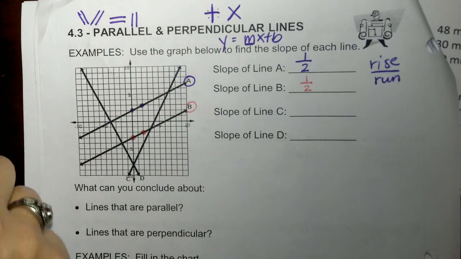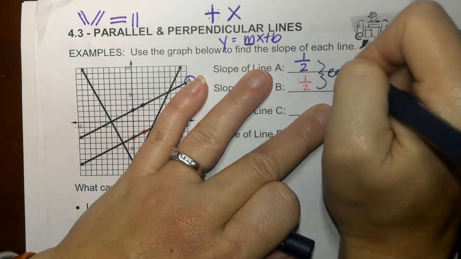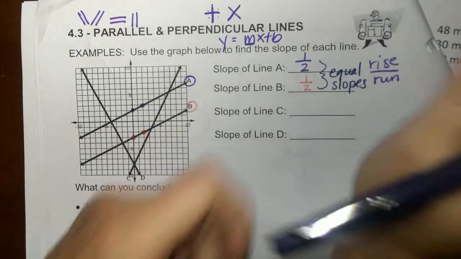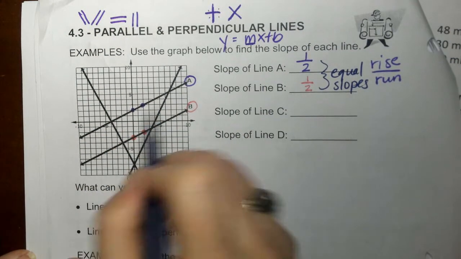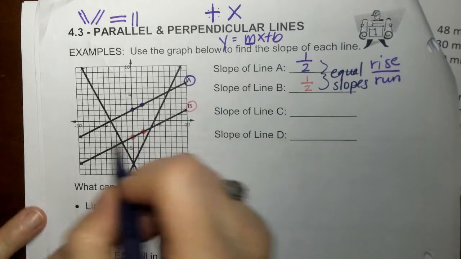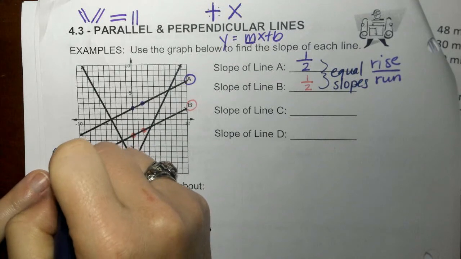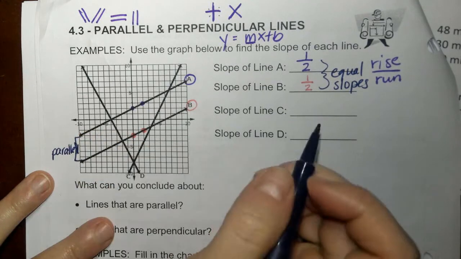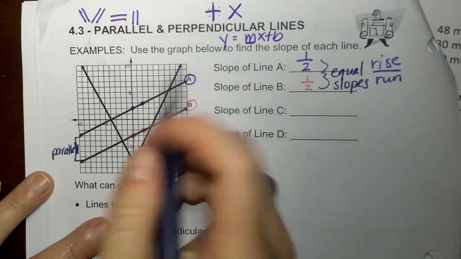They are equal. They're equal slopes, okay? So now if you look at those two lines, what can you tell about them? They are parallel. Both of these are parallel lines. They have the same slope.